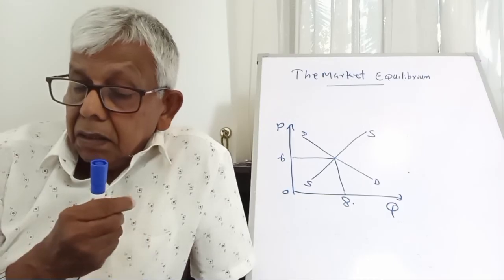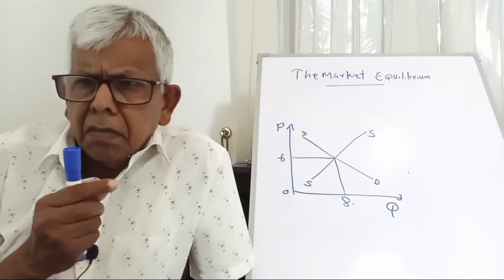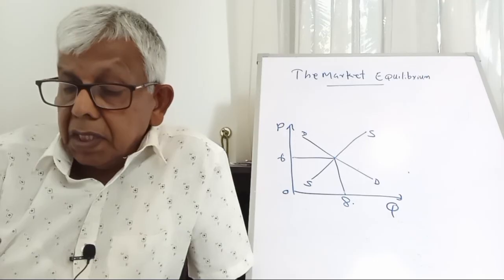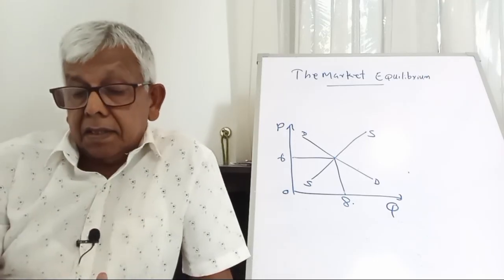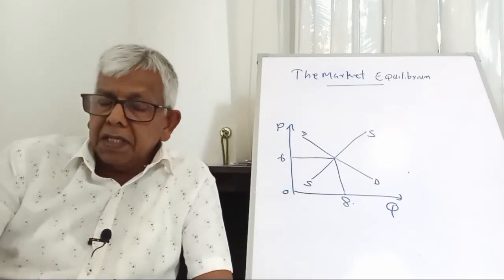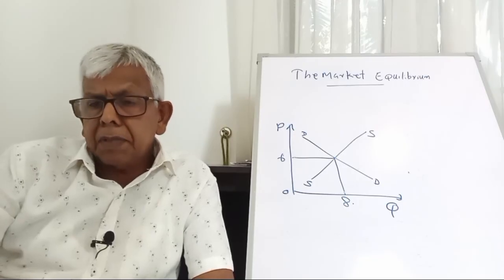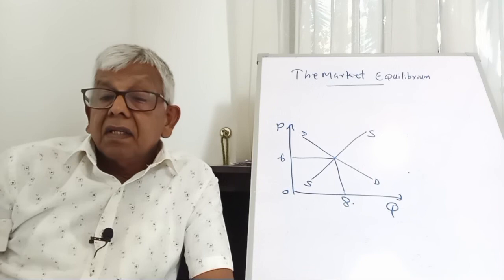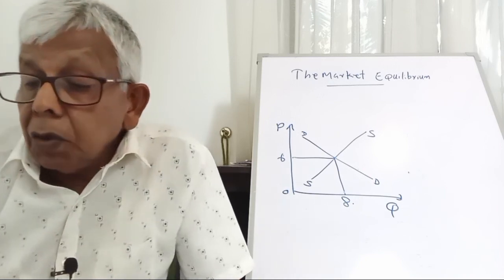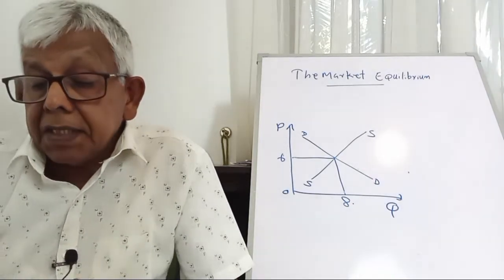Then what can be the market solution at a different price than the equilibrium price? Take a lower price than the equilibrium price.